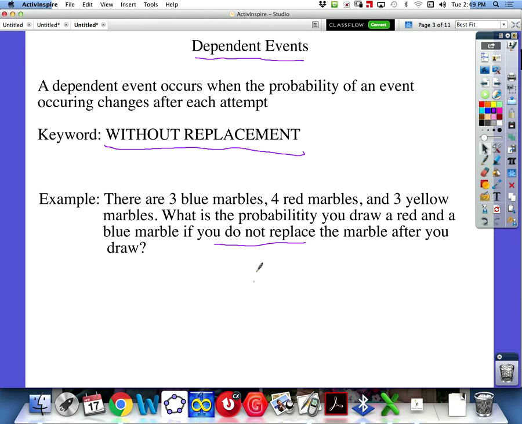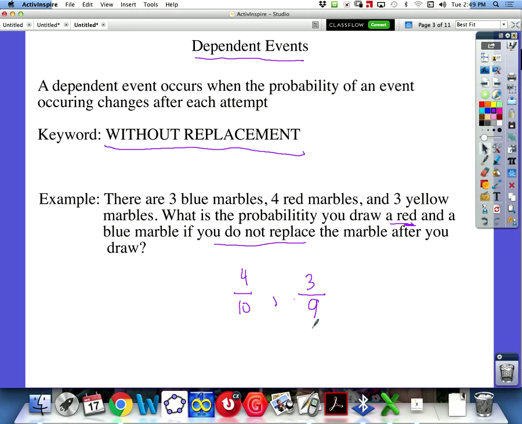So here, what happens is if I get a red marble on my first draw, the probability is 4 out of 10 marbles. But now, if I draw a blue the second time, there are not 10 marbles left because I took one out. Now there are only 9 marbles and 3 of them are blue.